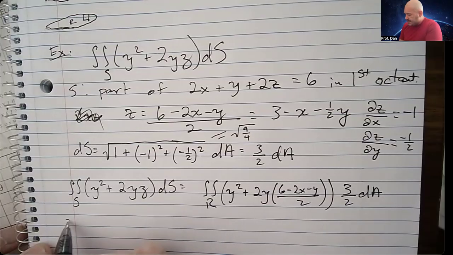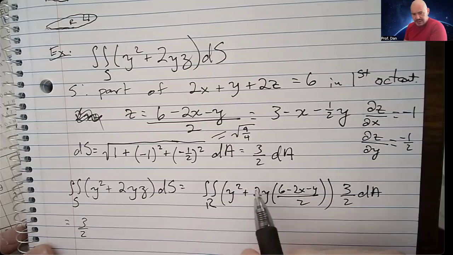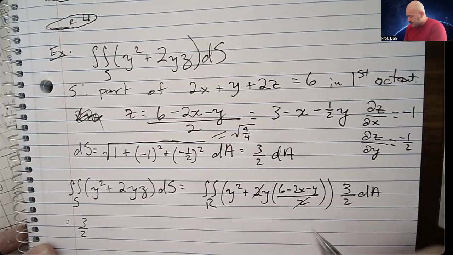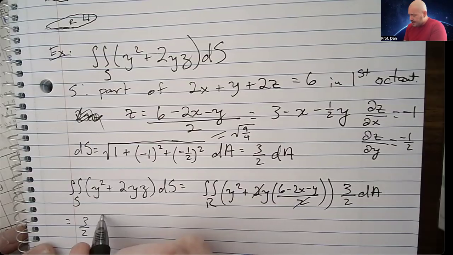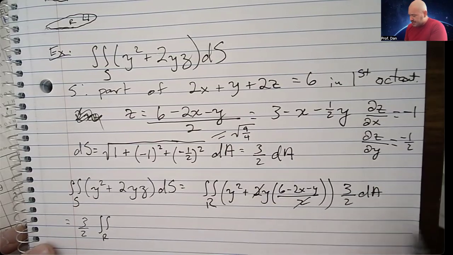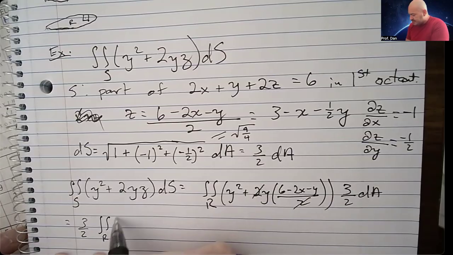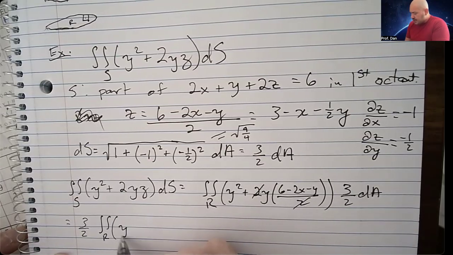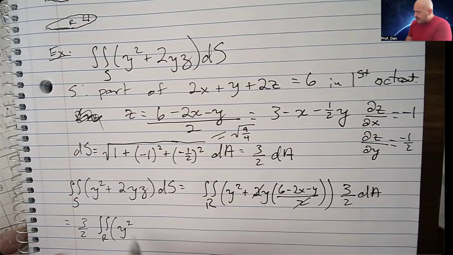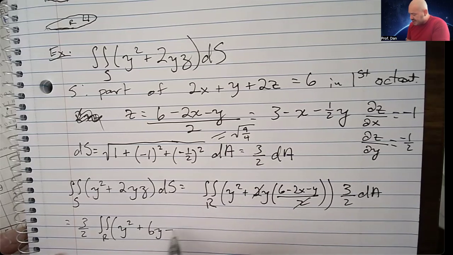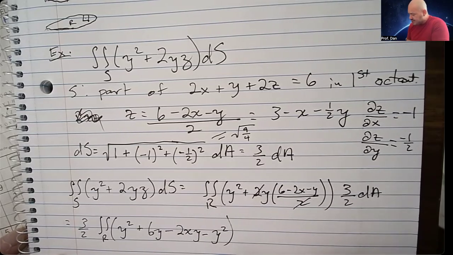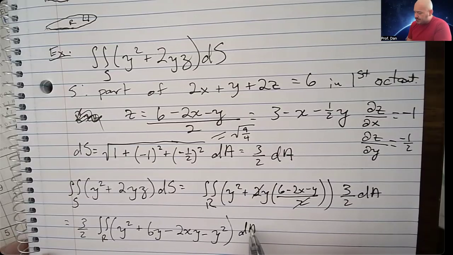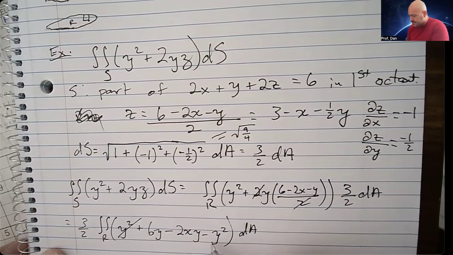Now, if I were to simplify a little more, I know I could pull the 3 halves out. I know if I multiply by 2, this goes away. I could set my bounds up, but I'm going to hold on that. And then my integrand, I get y squared plus 6y minus 2xy minus y squared dA. And you'll notice that the y squareds are going to subtract out.